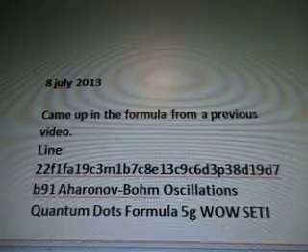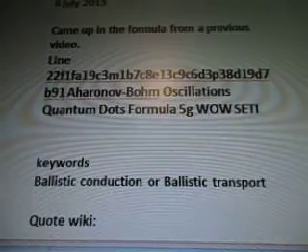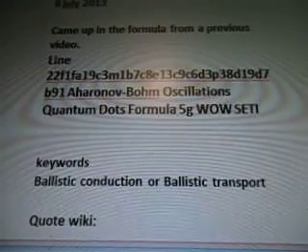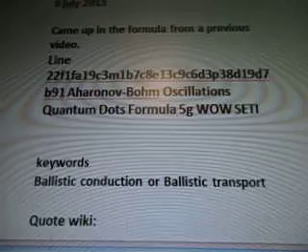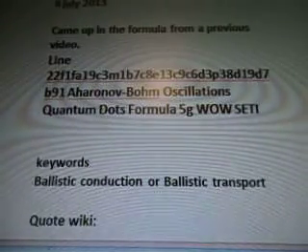Or videos, I should say. So line 22, 7B91 was Aharonov-Bohm Oscillations quantum dots formula. So the keywords from that formula has expanded into probably about 50 to 100 videos, and each of them have formulas too.